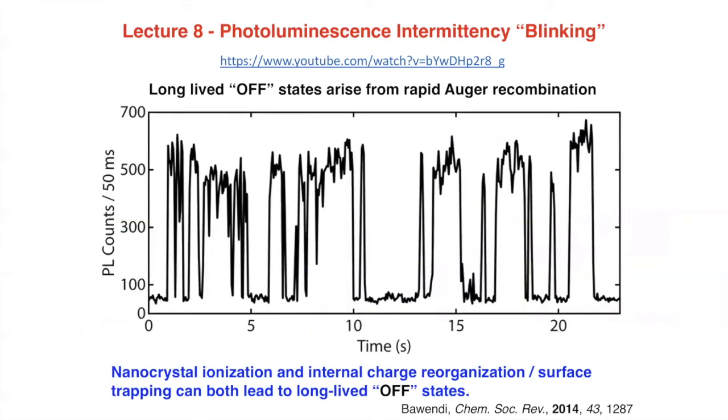And so it turns out if you look at an individual quantum dot, you can see it turning on and off. Let's see if I can make this, look at that. So this is sort of a classic in blinking, I guess. I've seen this video many times before.